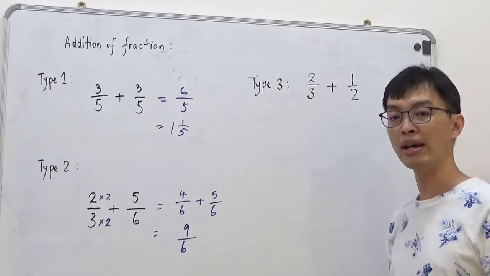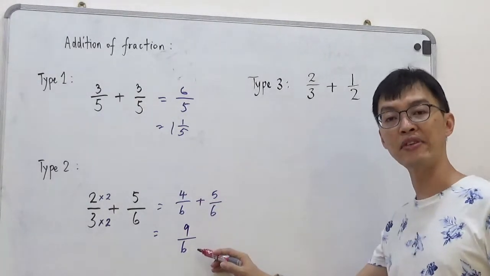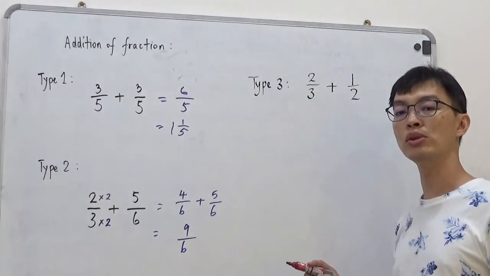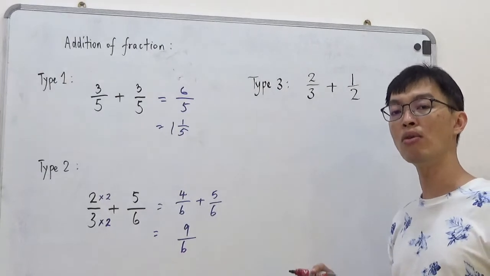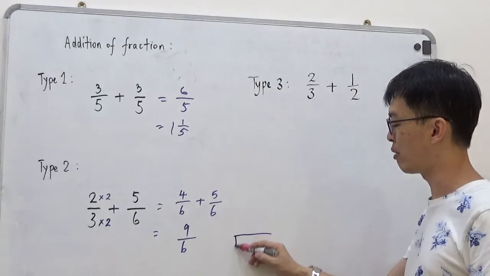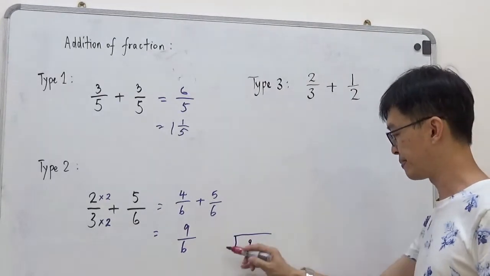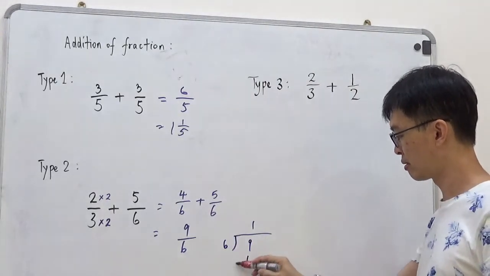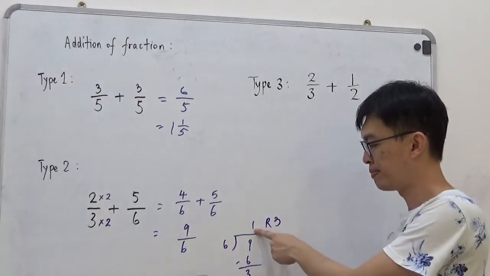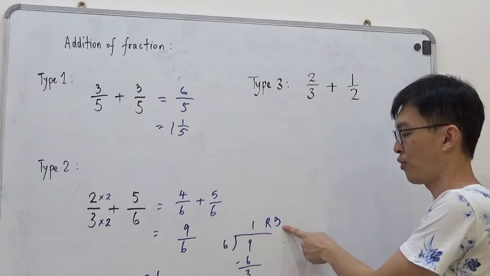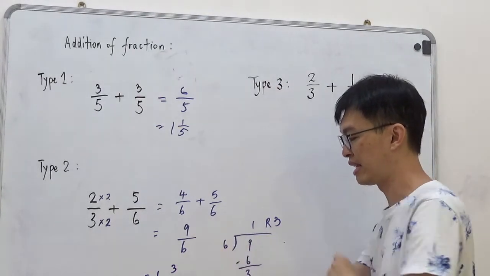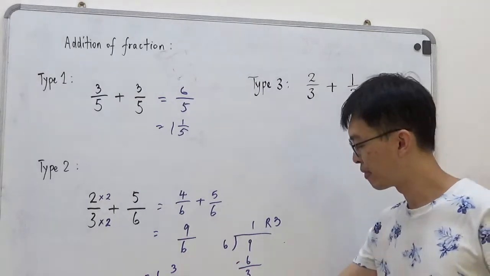9 over 6. Okay, now you can't leave this as the final answer because this is an improper fraction. You're going to put this into a mixed number and always in the simplest form. Now, let's do a long division. I will probably do this method as well. Okay, so 1 whole, 3 over 6. Now, remember, the denominator doesn't change.